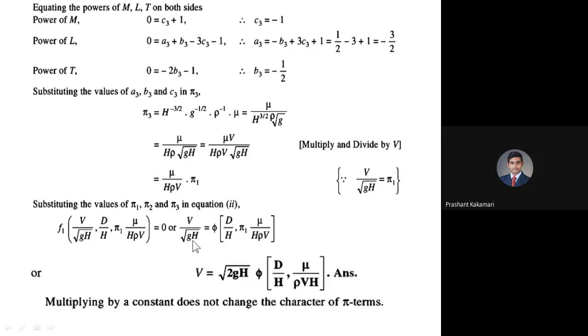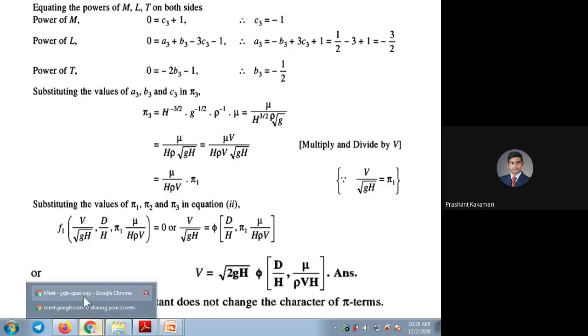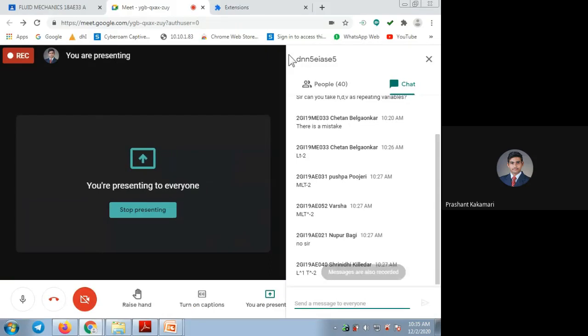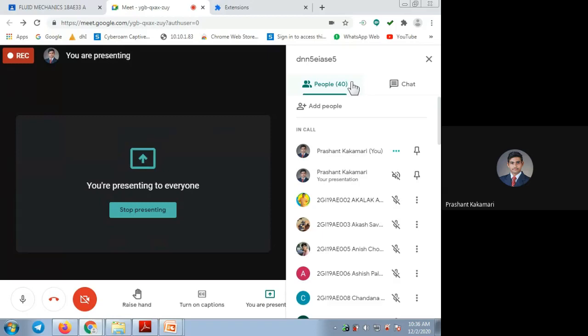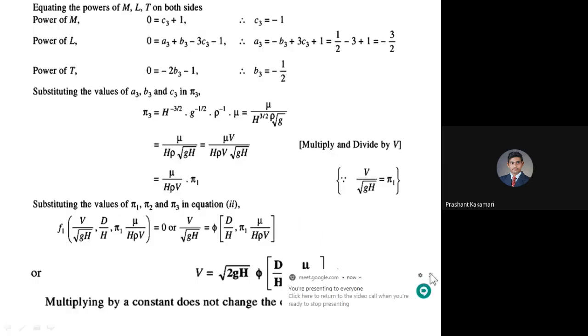But in the earlier step, we don't have 2. You can unmute and tell me. So why have they taken square root of 2gh?